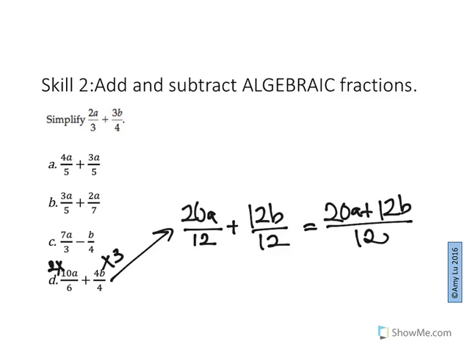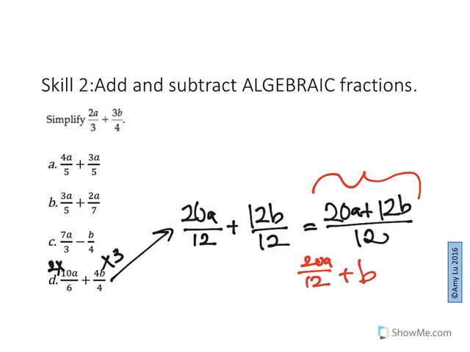Of course, depending on what happens in your algebraic future, this expression right here can be simplified in multiple ways. You can always break it apart into 20a over 12 plus just a plain b, because 12b over 12 just makes a plain b.